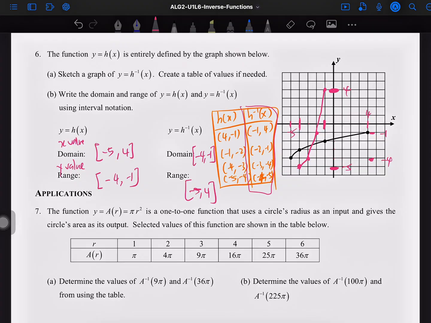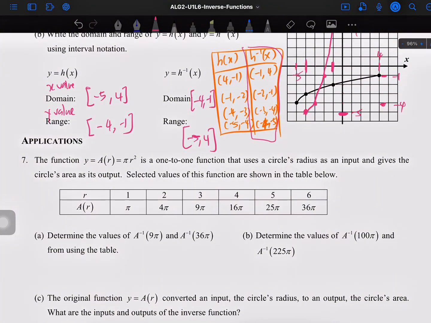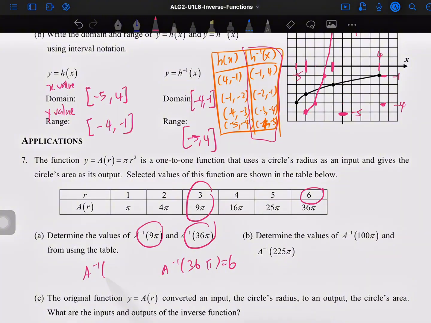Okay, number 7. The function determines the value of 9 pi and A inverse of 36 pi. It's stated here, A inverse of 36 pi is 6, and A inverse of 9 pi is 3. Determine the value of A inverse of 100 pi.